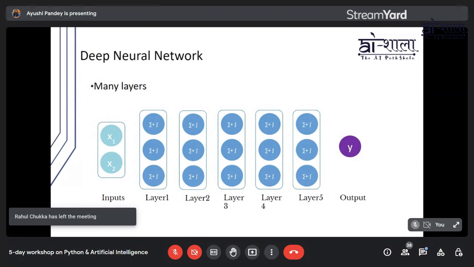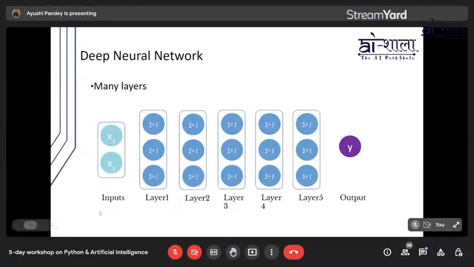So this is a deep neural network. It contains 5 layers. In a deep neural network, first the computation happens between these 2 layers. The sum will happen and the activation function will take place.